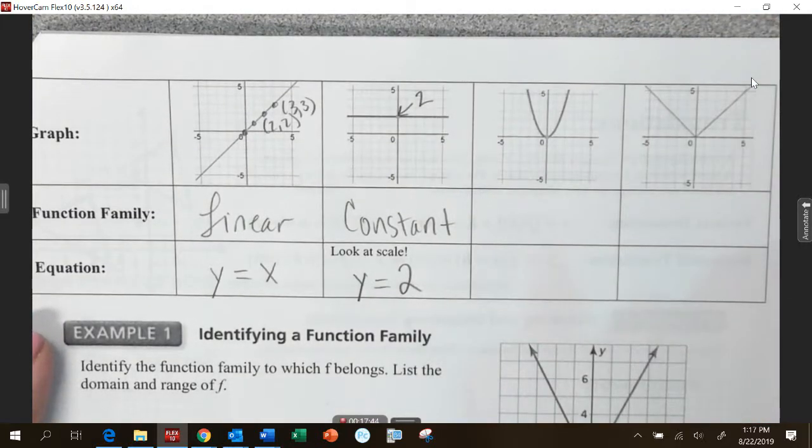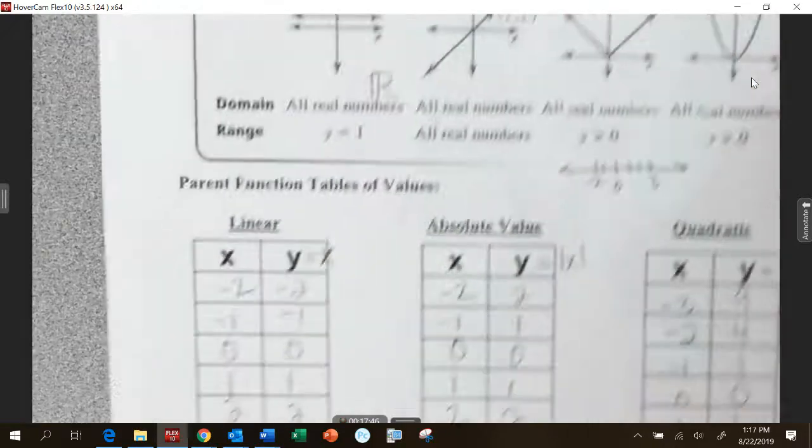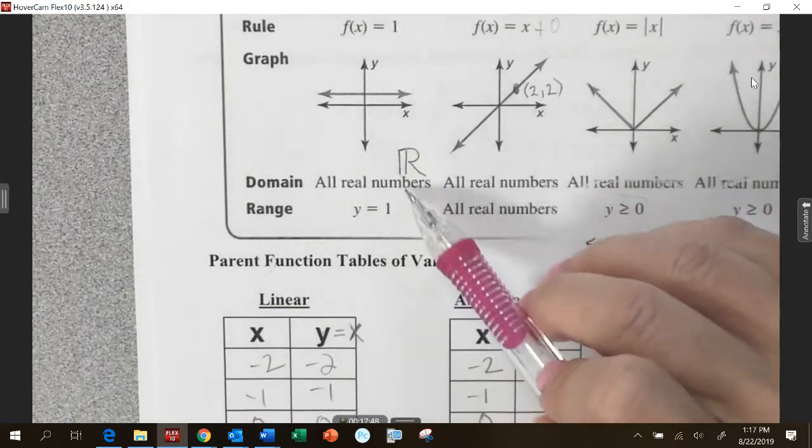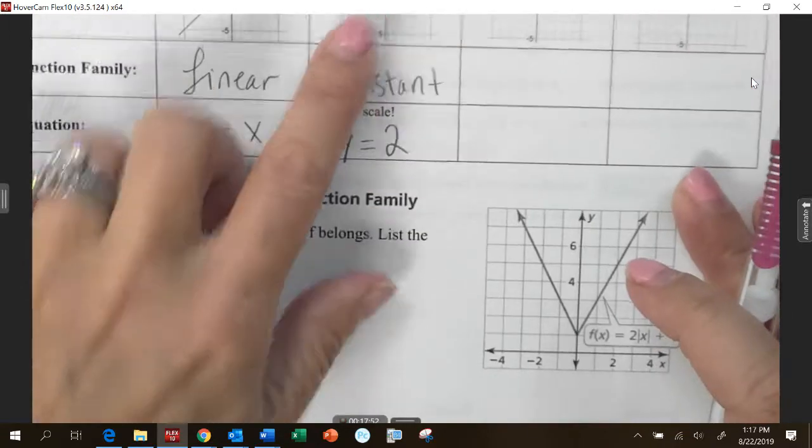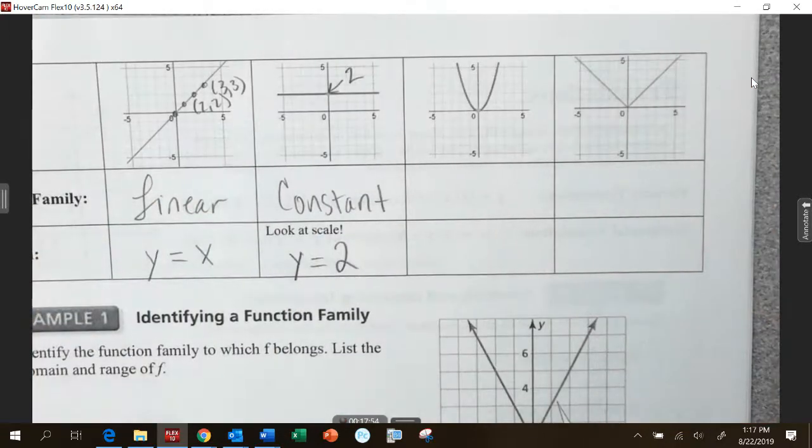Y equals 2. So for constant, it's always y equals a number, or f of x equals a number. And this one equals 2. Yes, for constant, yes. The ones that go vertical, there's something different.